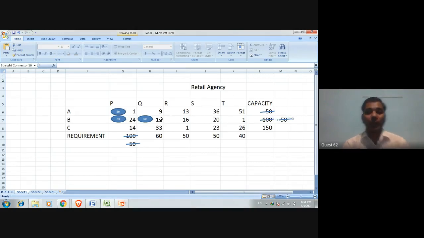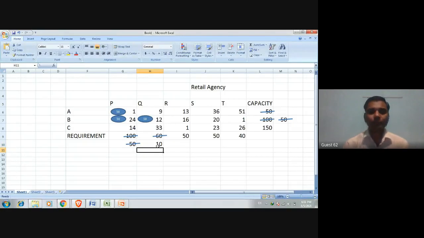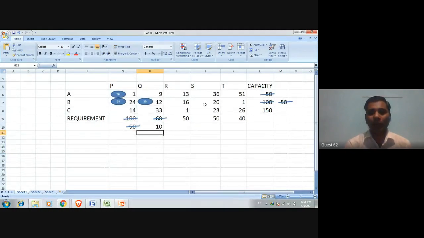Now what is the requirement of Q now? After getting the 50 units, the requirement of Q will remain 10 units, because 50 units have been fulfilled by warehouse B. So after crossing this 60 units, we will write down here 10. Okay. Now move ahead.